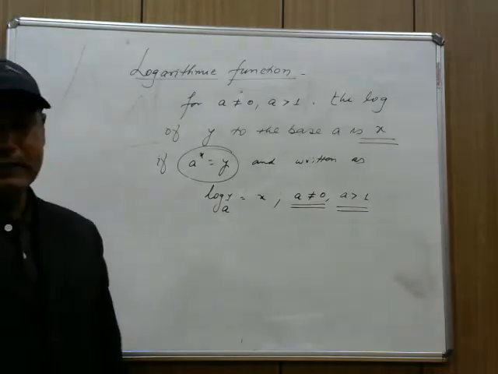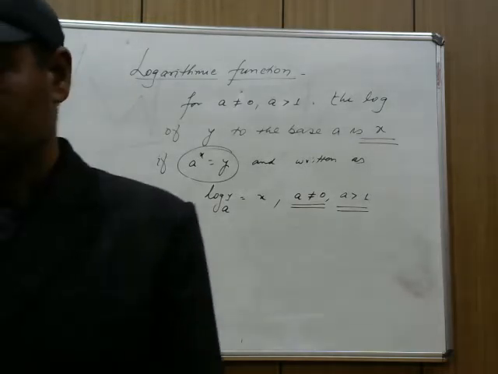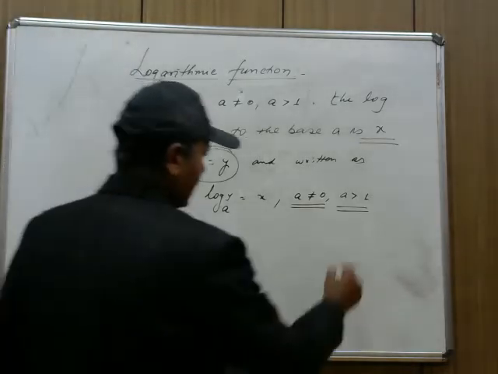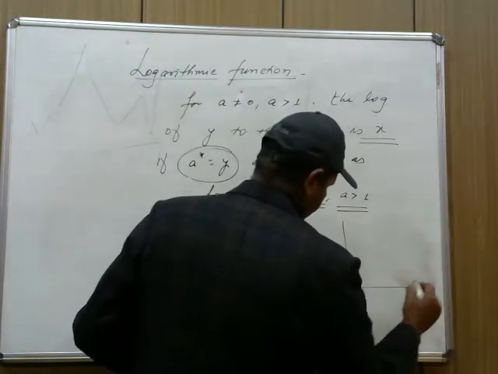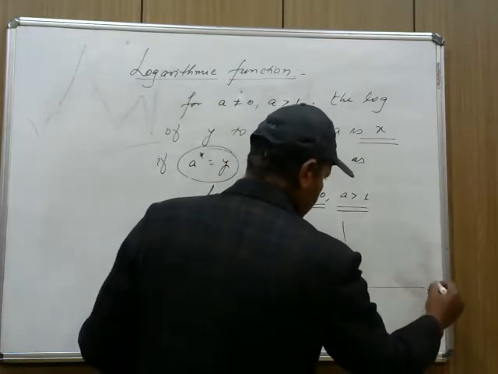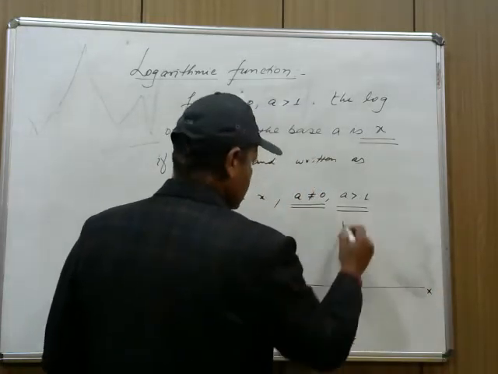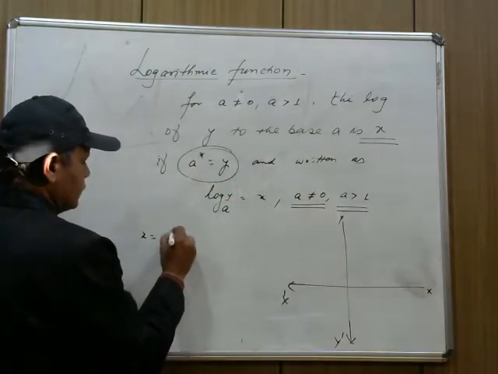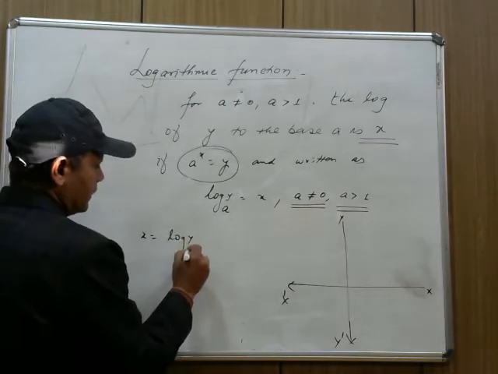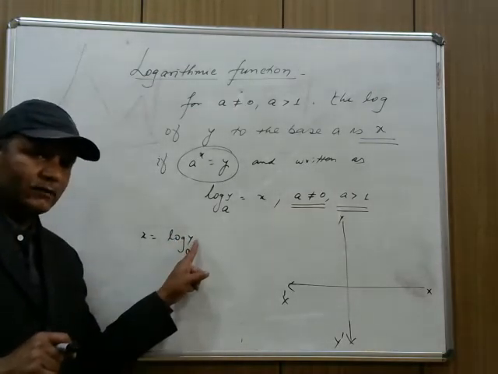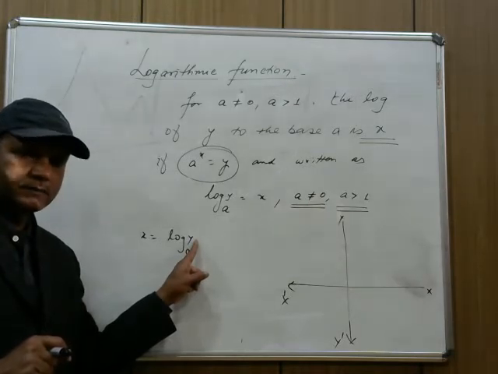Now, if you draw the graph of this logarithmic function, see the graph. X dash, y and y dash. X is equal to log of y to the base a. See, the log of y is defined only for the positive real numbers, right?